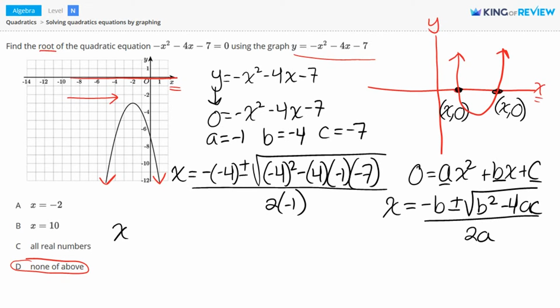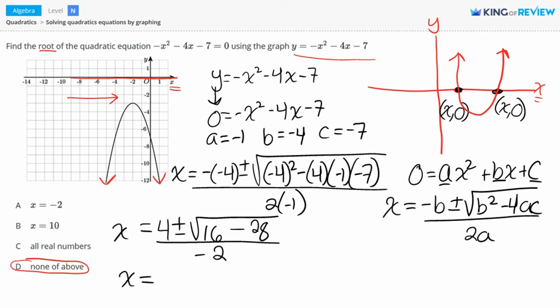When we simplify, we get x equals 4 plus or minus the square root of 16 minus 28, all divided by negative 2. And this gives us x equals 4 plus or minus the square root of negative 12 divided by negative 2.